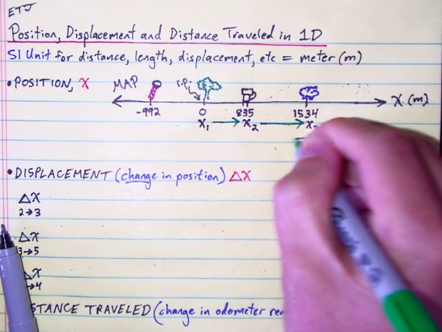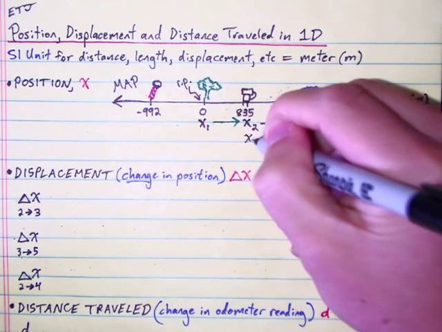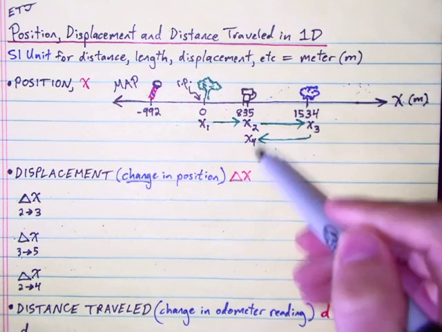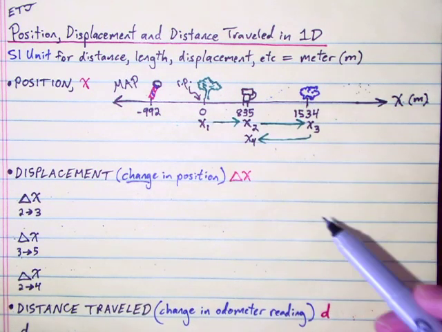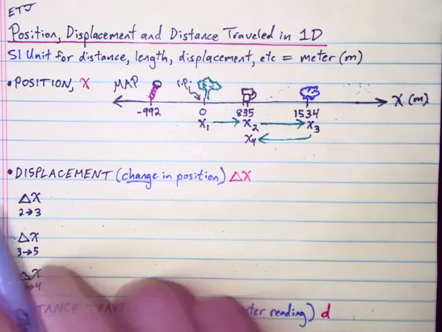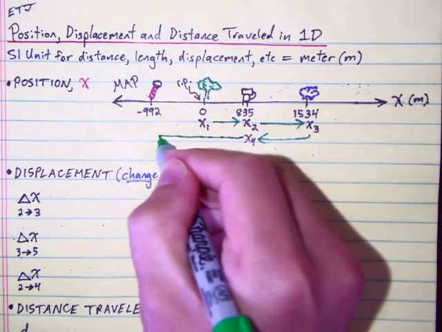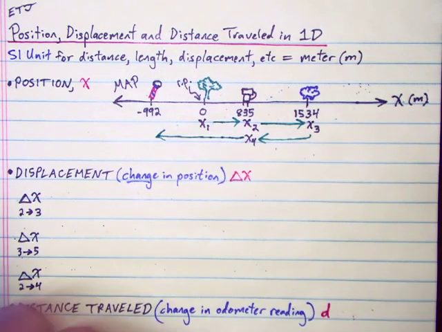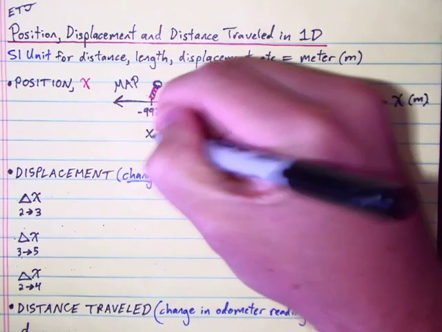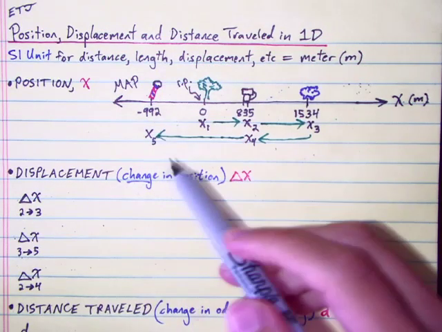Next, Chewie turns around, heads back to the gas station for event 4, x4, where he complains to the owner about the poisonous food in the cooler. Continuing on, Chewie goes past his house to the barber shop for a haircut. That is event number 5, x5, indicating the position of event 5.